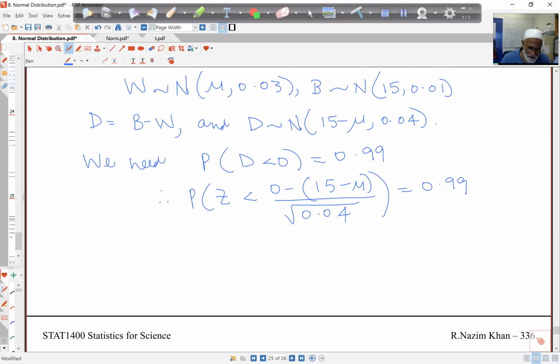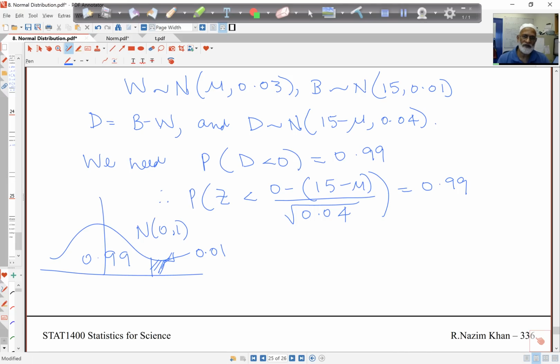So if I draw my normal distribution graph, I want a probability of 0.99 on the left hand side. This whole thing shows 0.99. So the tail here is 0.01. And as I said before, these critical values are listed separately.